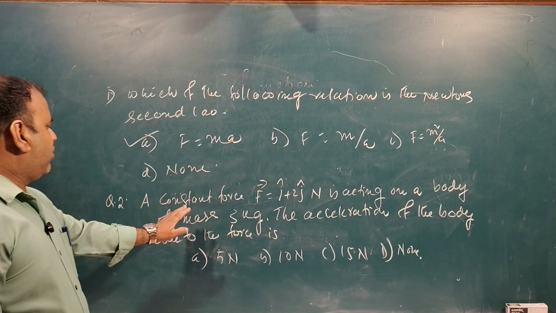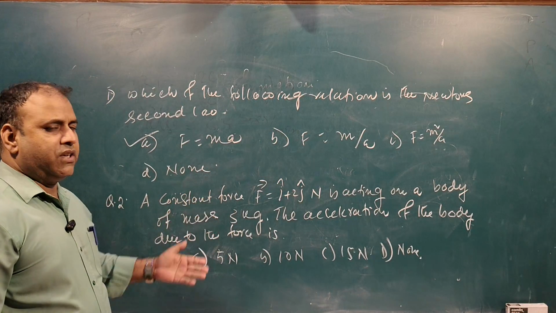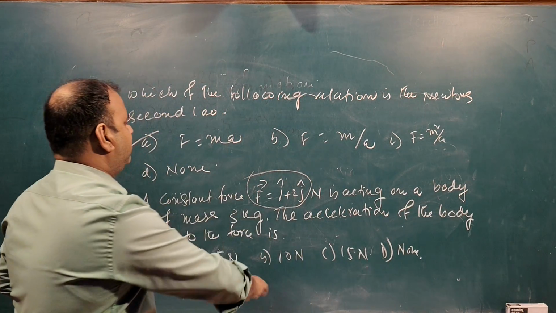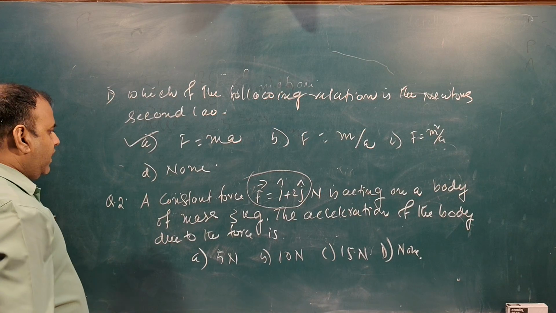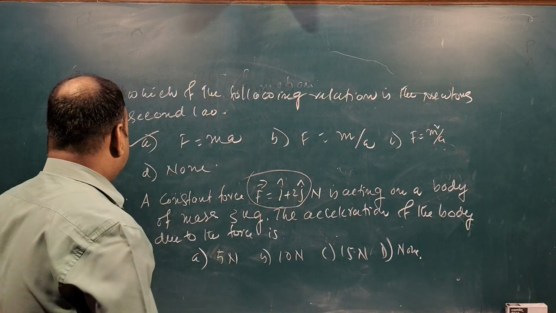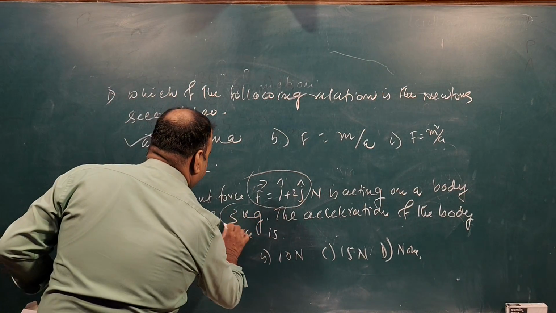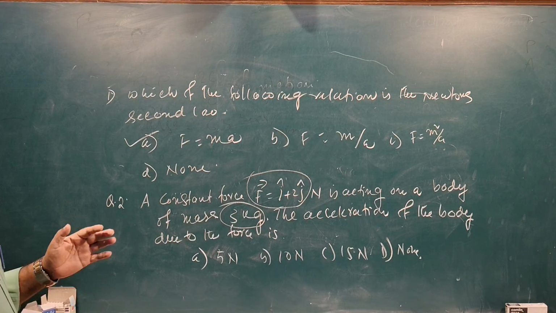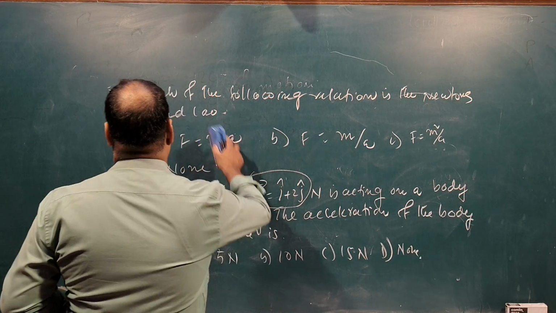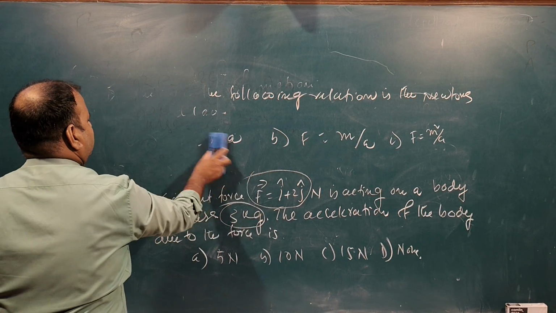According to our question, a constant force is given, F is equal to i cap plus 2 j cap Newton, and the mass of the body is given as 3 kg. So the acceleration of the body due to the force will be... Now see how we can solve this.